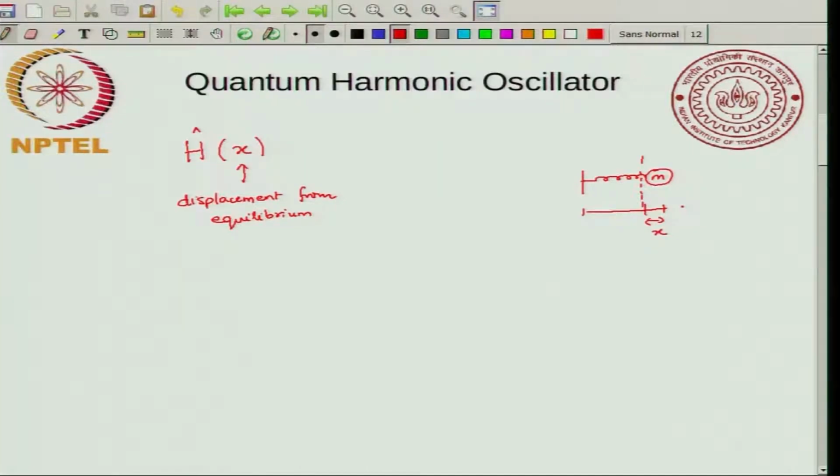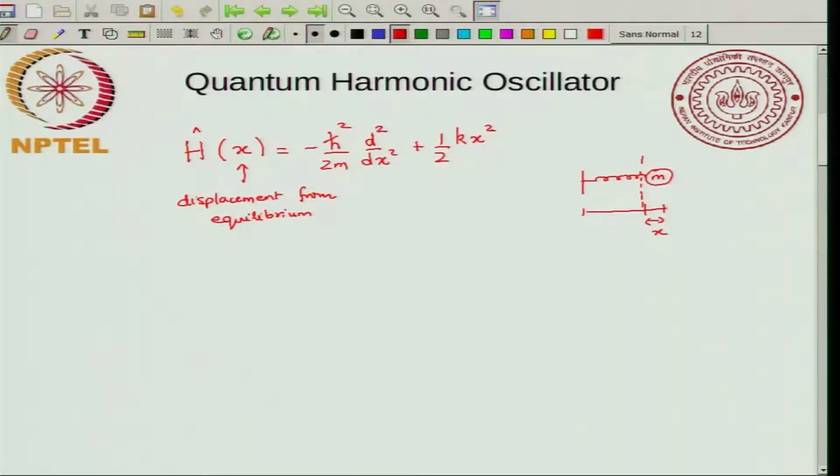In any case, the Hamiltonian operator can be written in this case as minus h cross square by 2m, where m is the mass of the particle, times d square by dx square. This is the kinetic energy operator, and then you have a potential energy term, that is plus half k x square. It is a typical spring energy.